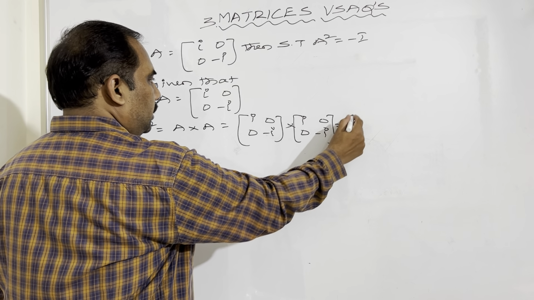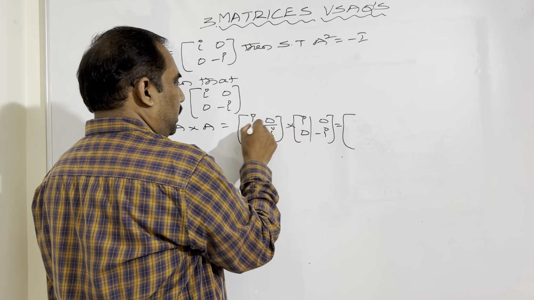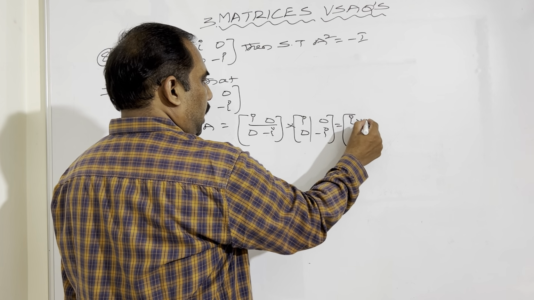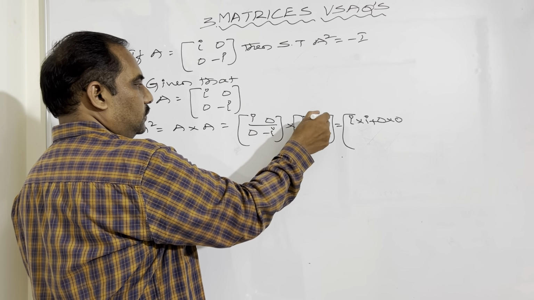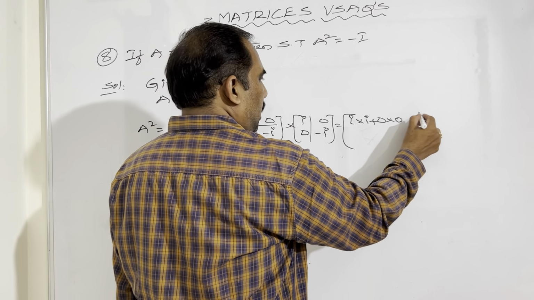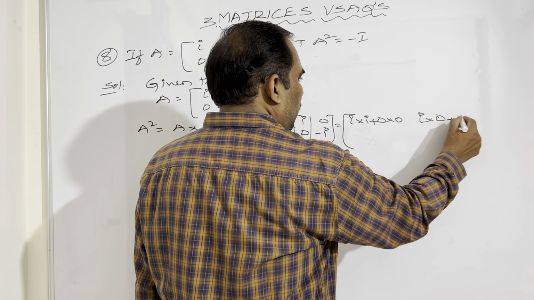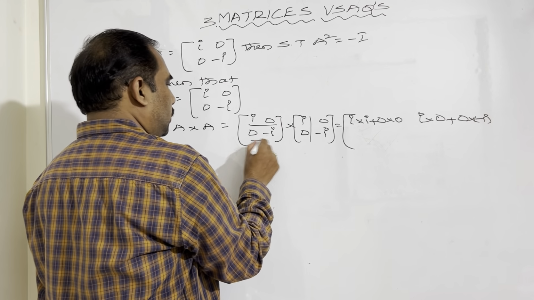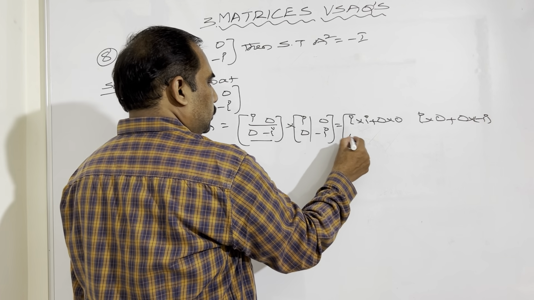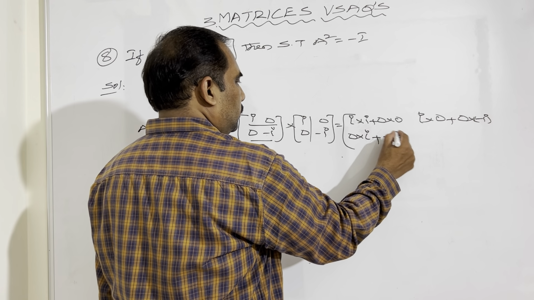Then if you multiply, this is first row, first column: I into I plus 0 into 0. Again first row, second column: I into 0 plus 0 into minus I. Second row, first column: 0 into I plus minus I into 0.